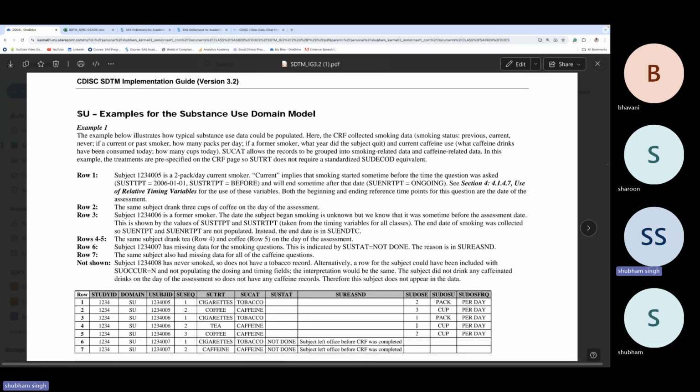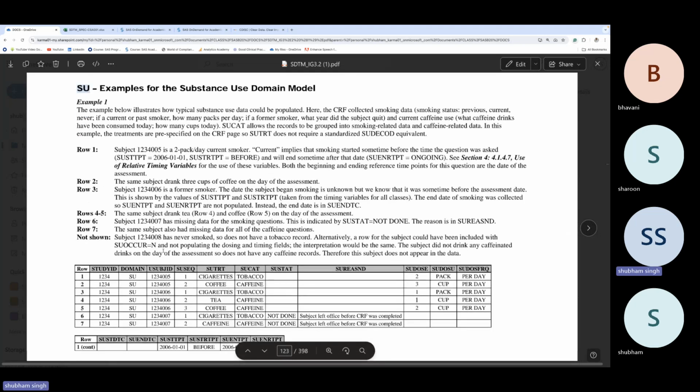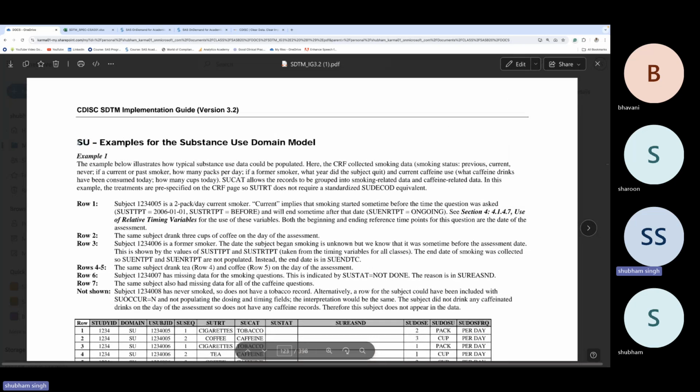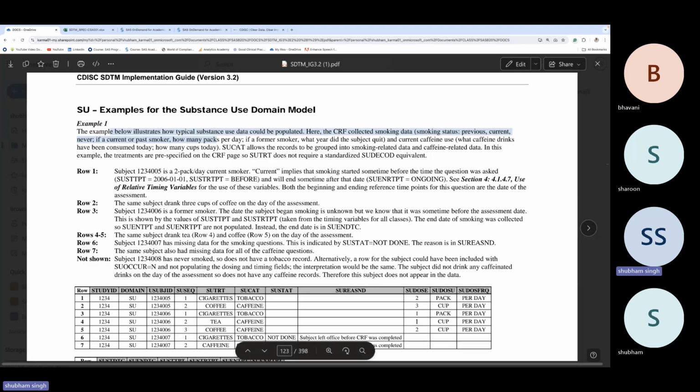So reading about the dataset in the same way, you can just read, just see the data. By seeing this SU data, you should understand. First read it from here. You can see here also it is mentioned which are the important variables: SUTRT in the definition, SUCAT. By seeing it itself, you should know these are the common variables.